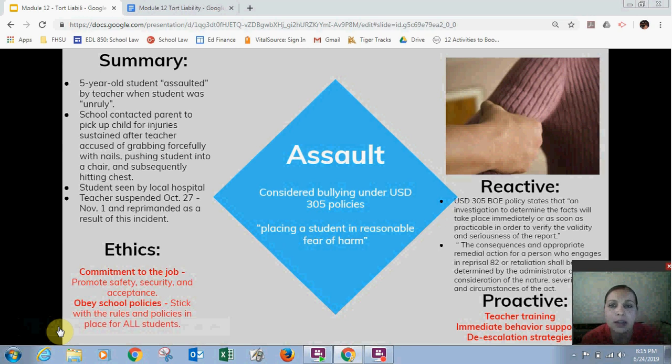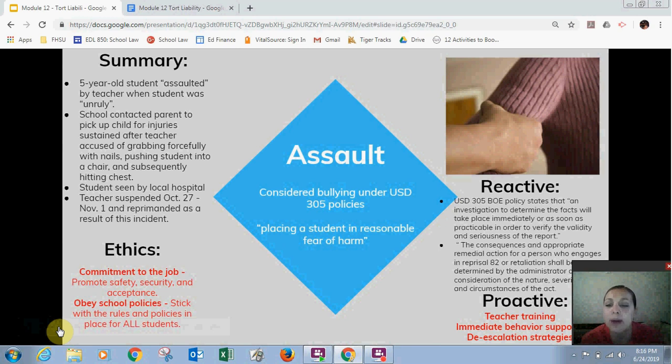So they sent the parent and student away, and they went to the local hospital. The teacher was suspended and reprimanded as a result of this, and I think it did say that there was a review of policies as an entire district for especially special education and restraint and what's allowed.